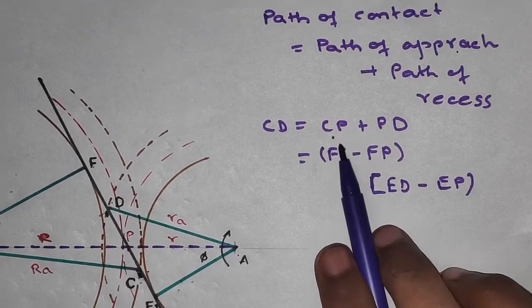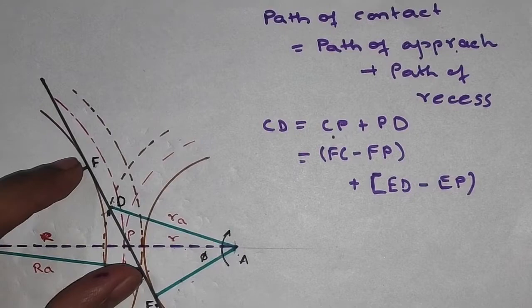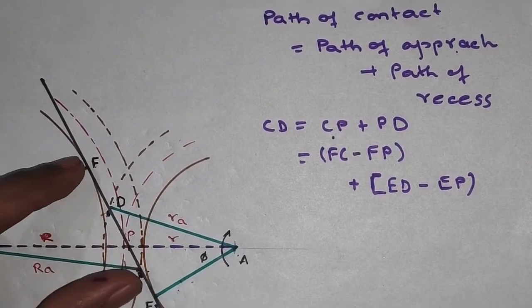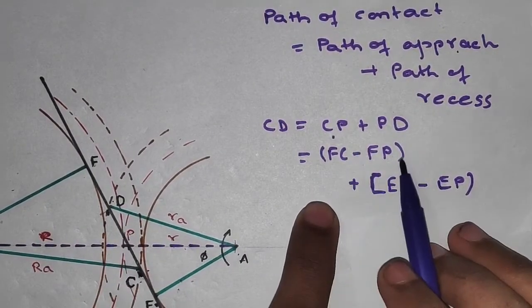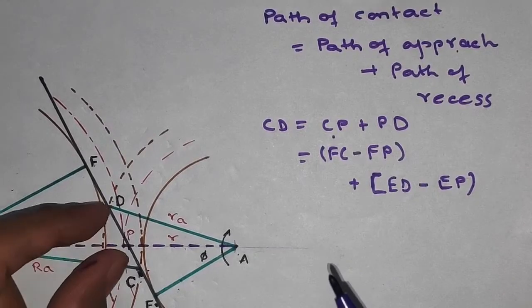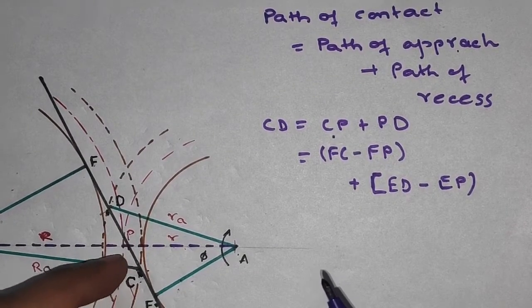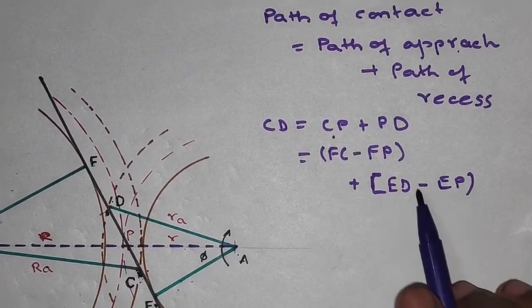So this CP can be written as FC minus FP. This length minus this length, we get CP, that is FC minus FP. Similarly, this PD can be written as ED minus EP. So ED minus EP will be getting PD.